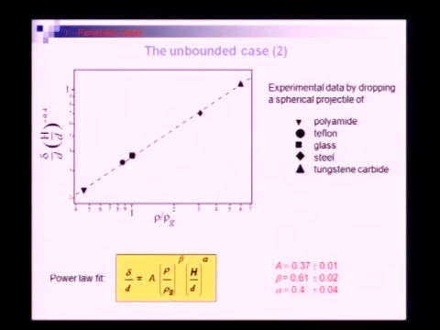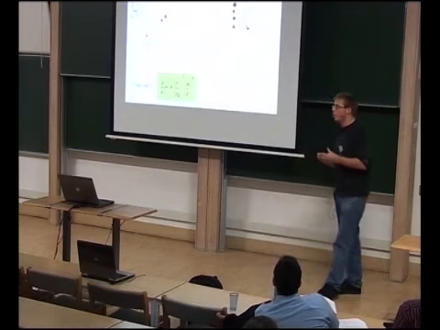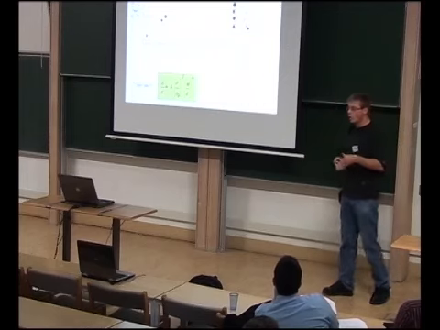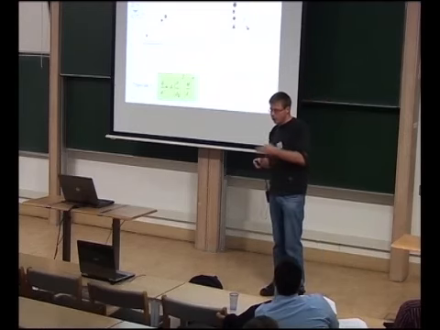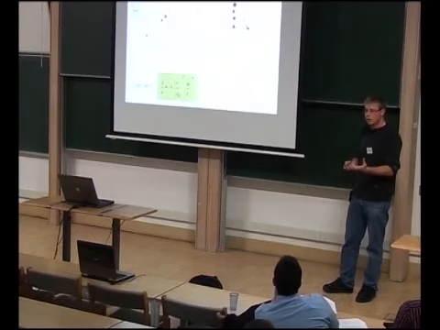That means the normalized penetration depth follows a power law fit, which can be written as a prefactor A times the density ratio to the power beta times normalized H to the power alpha, with this kind of value for the quantities. So this result applies in the unbounded case.